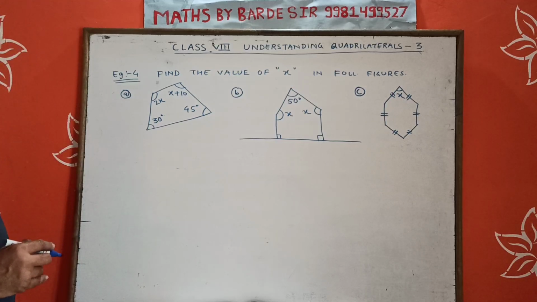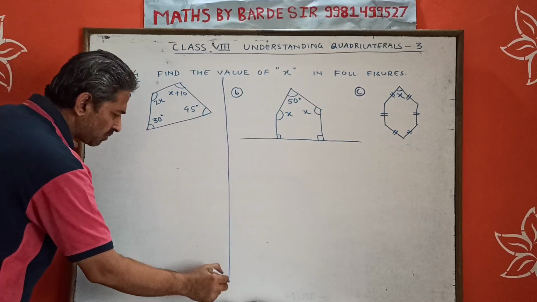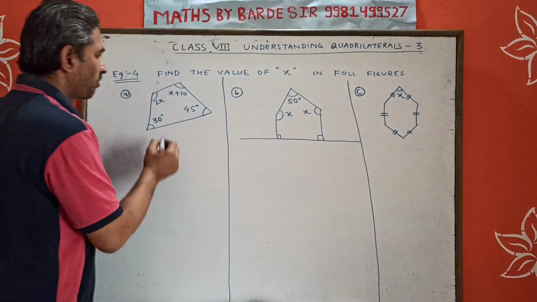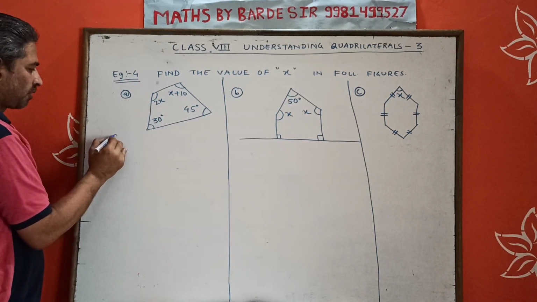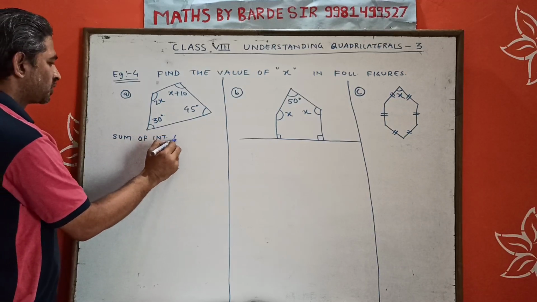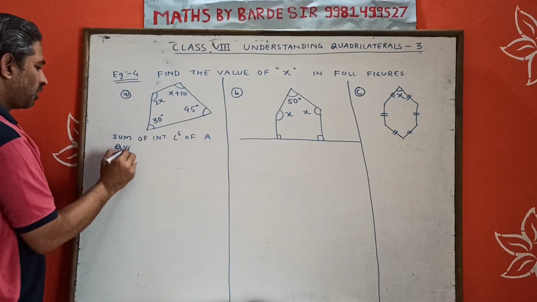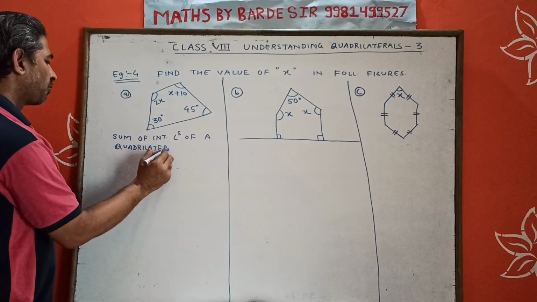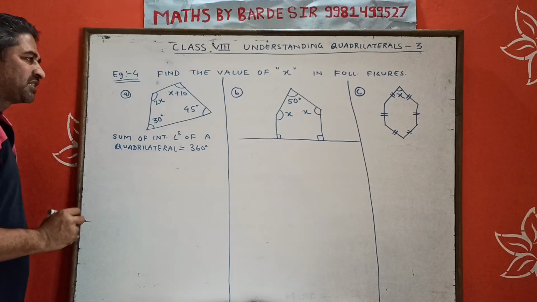Okay, let's see the first one. The first one, very simple one. This is a quadrilateral. So we know that sum of interior angles of a quadrilateral is equal to 360 degree.